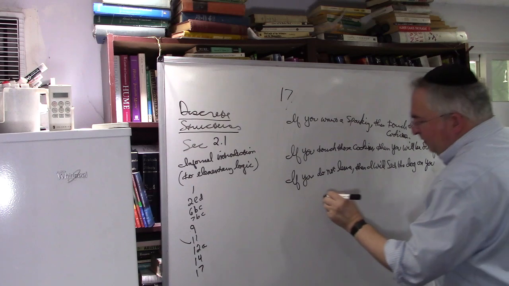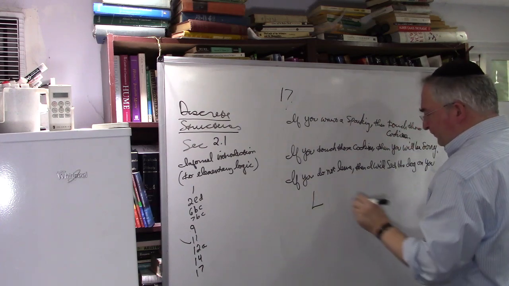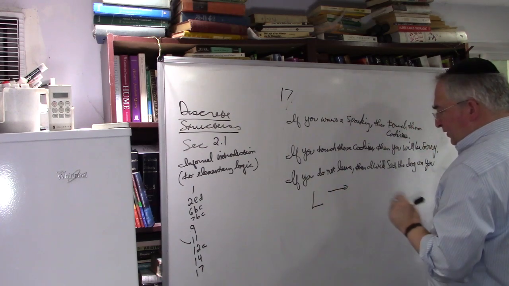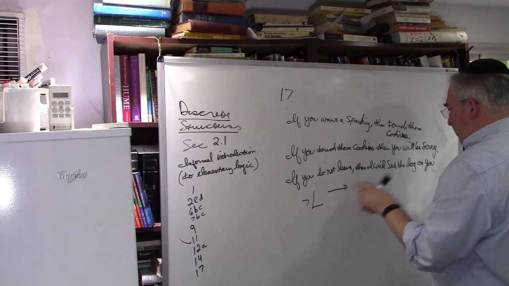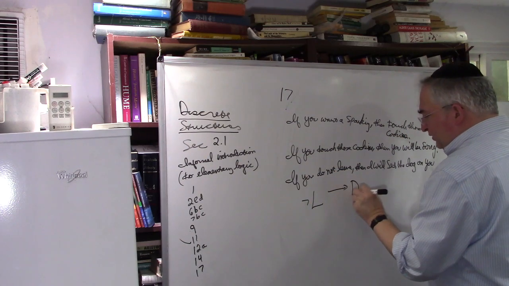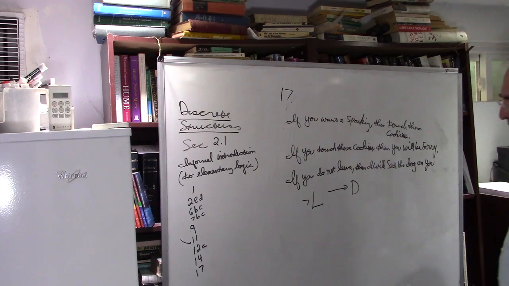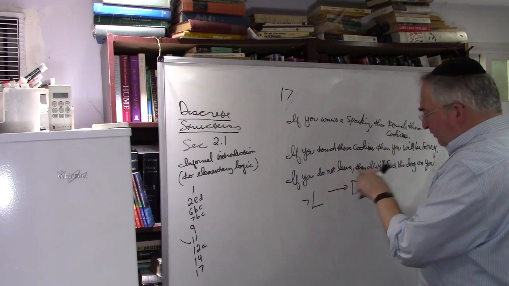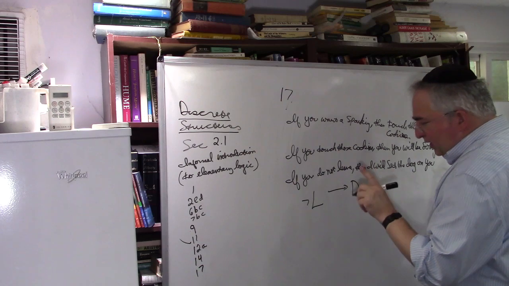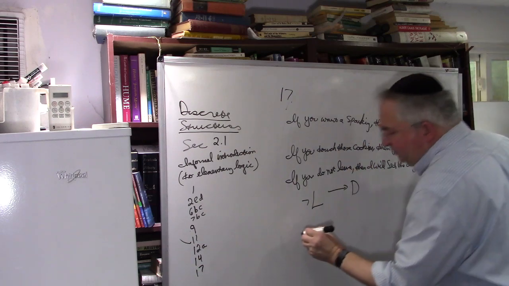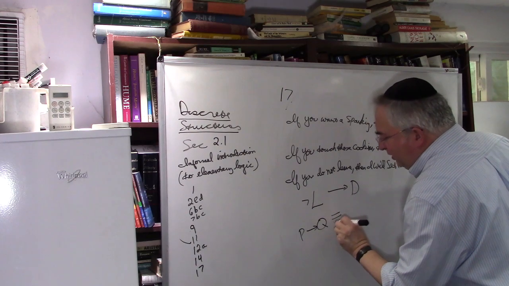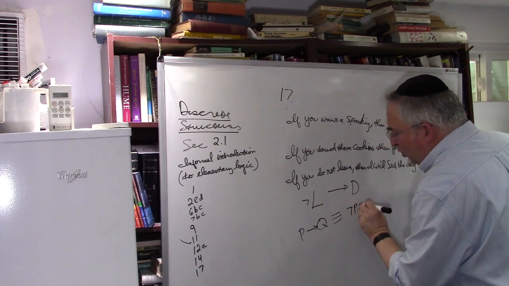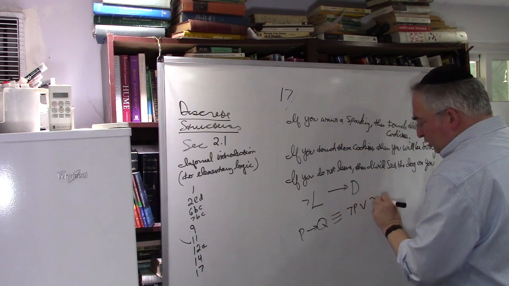This is basically leave, arrow, if you do not leave, so not leave, arrow, set the dog on you. Another way of saying it, we did this before: P arrow Q is the same thing as not P or Q.